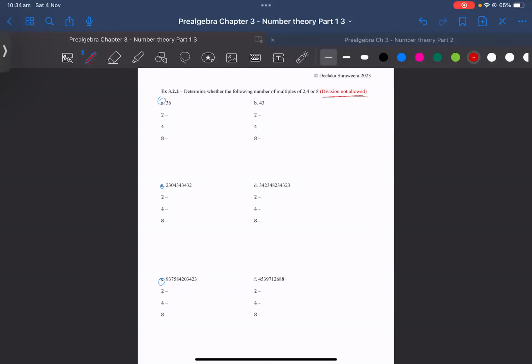You can divide the last 3 digits, that's fine. As usual, if you want me to check, you can send it to me through chat as well.